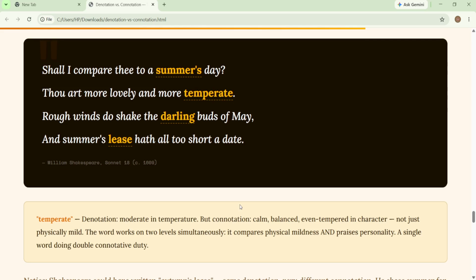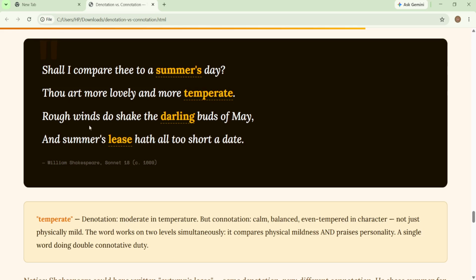So not just physically mild. The word works on two levels simultaneously. It describes physical mildness and praises personality, a single word doing double connotative duty. So this is how it is.